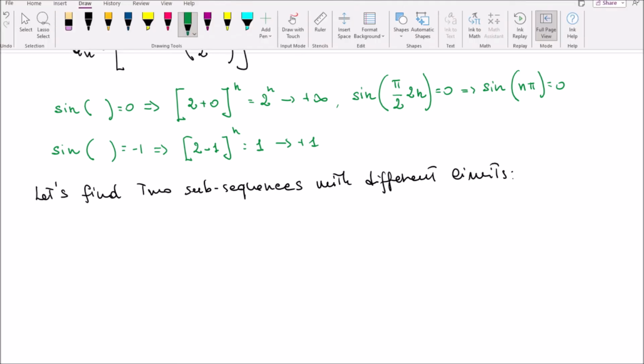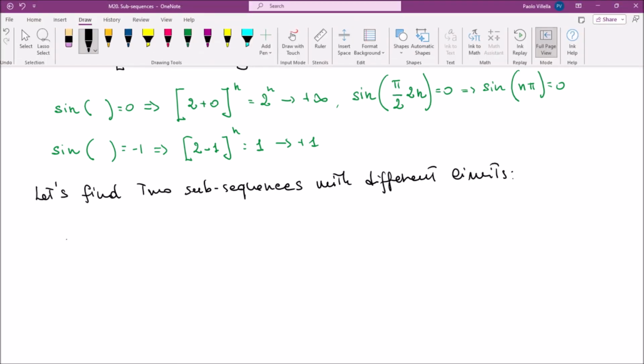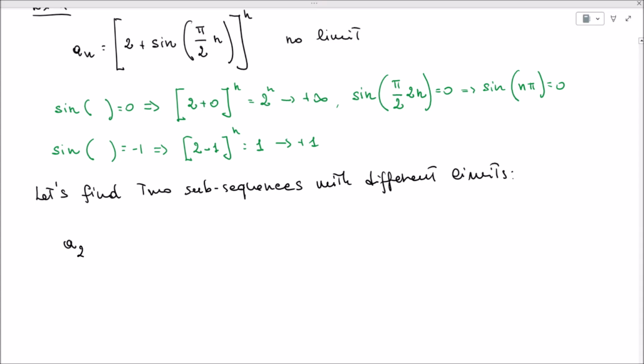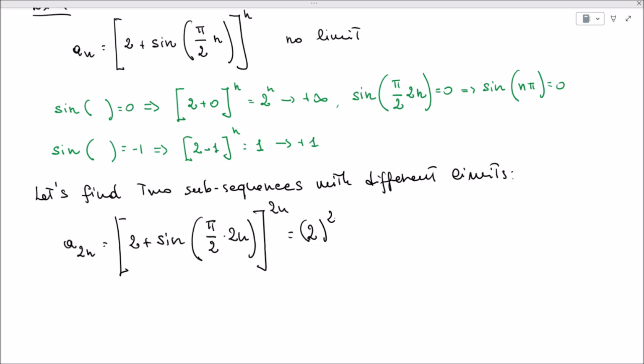So let's say that the first sequence could be a_2n, which is 2 plus sine of pi over 2 times 2n, all raised to the 2n, and this is simply 2 raised to the 2n, which is 4 to the n, which will diverge to plus infinity.